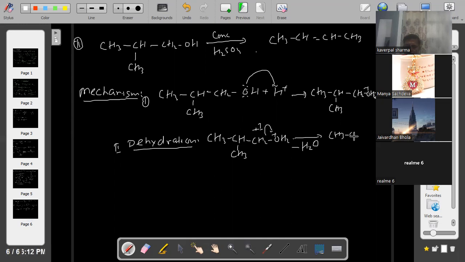This is an unstable carbocation, so it is also a methyl shift.